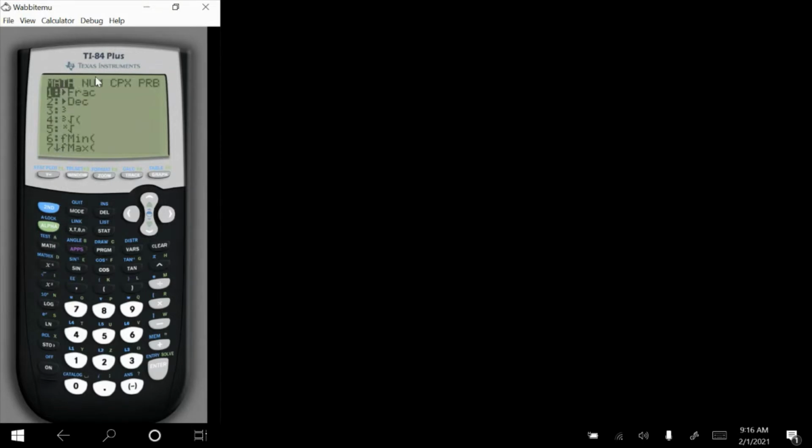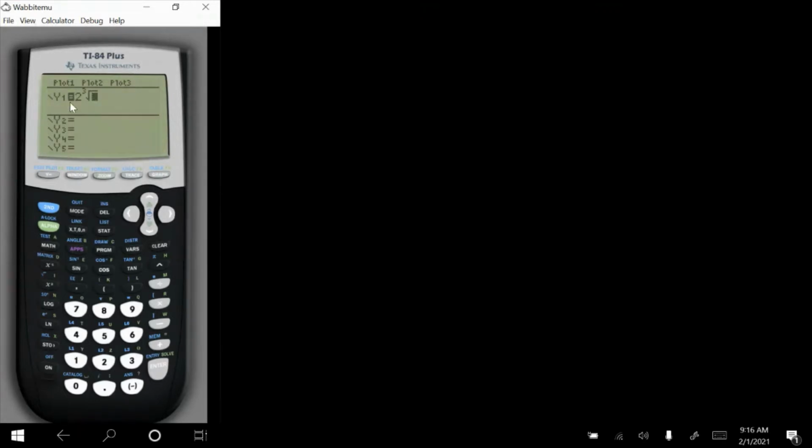And there are a few menus that you can go to after pressing the math key. We want to use the first menu, the math menu. And if you look in row 4, whether you have an 84 or a TI-83, there should be a cube root symbol. So you can scroll down to option 4 or just simply press 4 on your calculator.